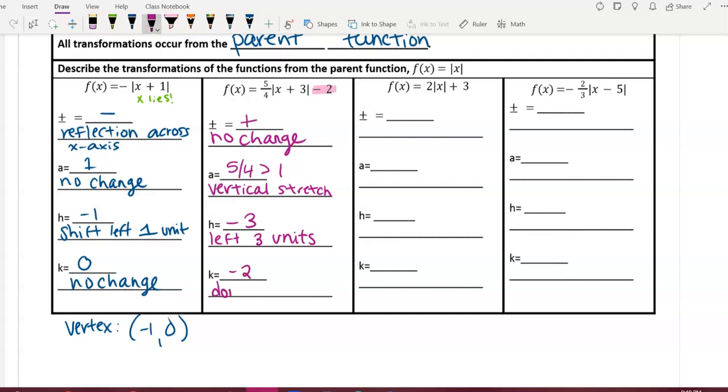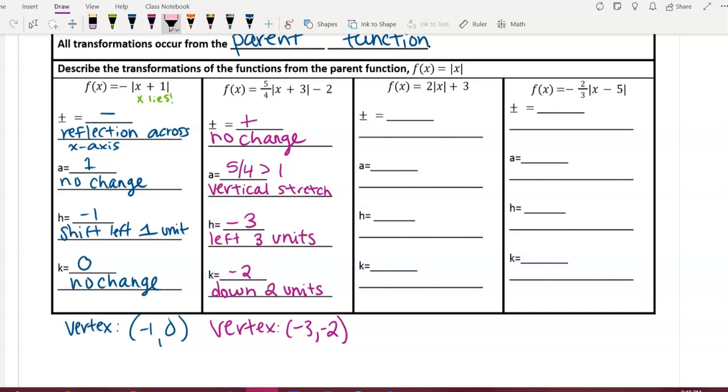So that means we are moving down 2 units. So what is our vertex here? Our vertex is hk. So here, that is -3, comma, -2. All right, let's move on to the next one.